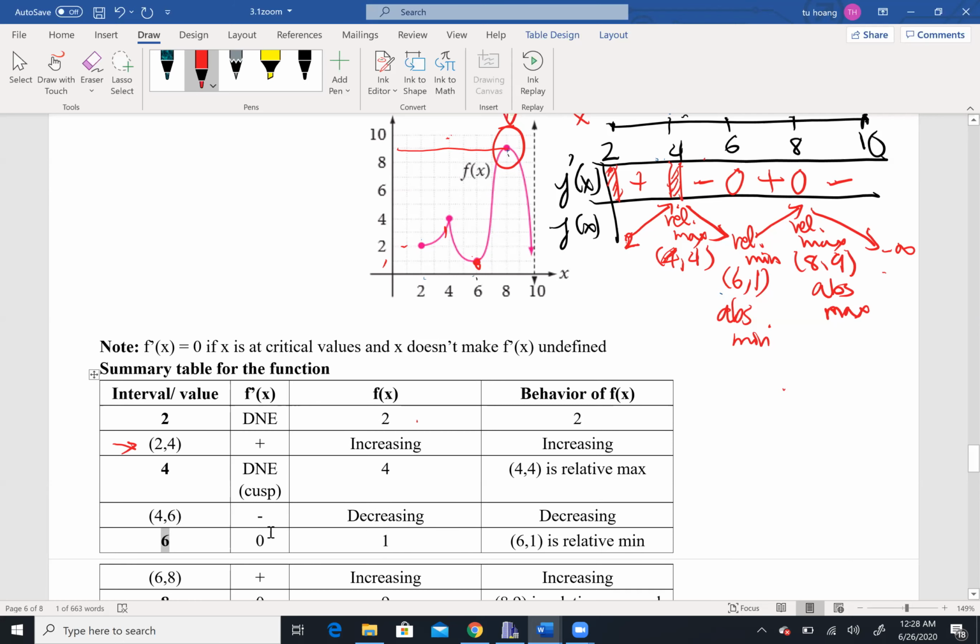That's going to give me f'(x) has to be equal to 0, and f(x) equal to 1, and also it's 6, and the behavior of f(x) gives me (6, 1) is a relative minimum, and also an absolute minimum.